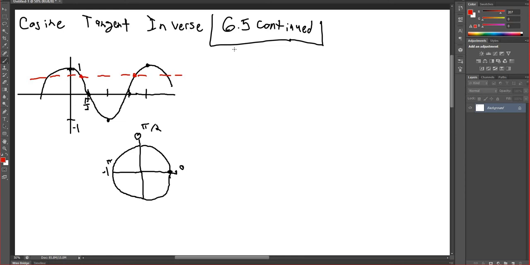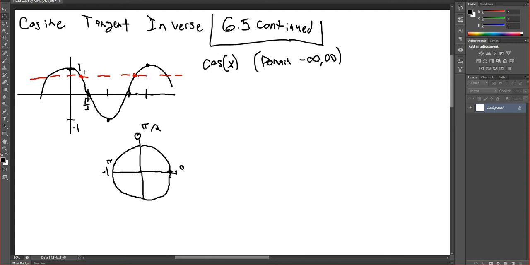So again, normally cosine, so this is cosine of x. Normally the domain is -infinity to infinity. But for inverse functions, we can't have something occurring twice, otherwise it wouldn't be a function.